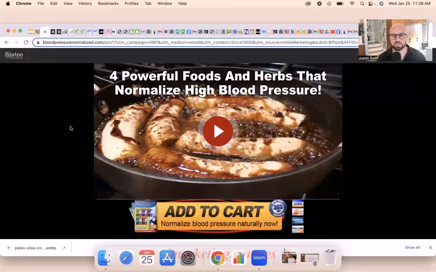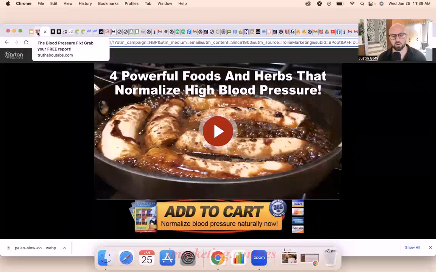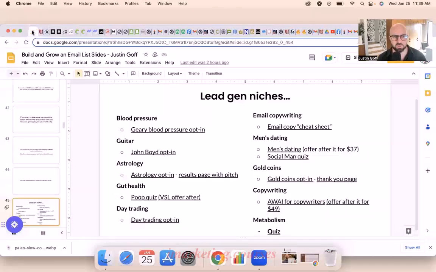This is the way he's liquidating his ad cost, trying to get some people to buy. This is actually not even his offer, just an affiliate offer. So a good way to liquidate some of that ad spend. We're going to go into a bunch more examples of that, but I just wanted to show you some examples right off the bat.